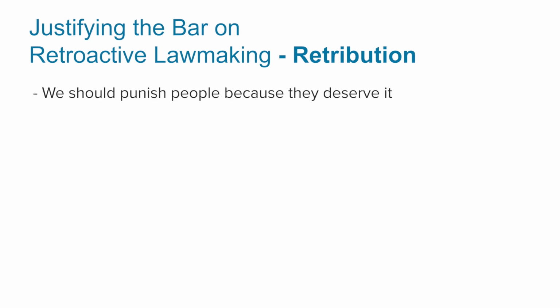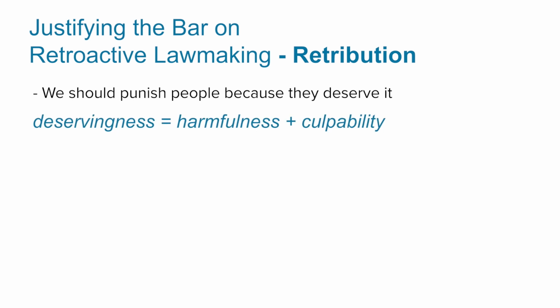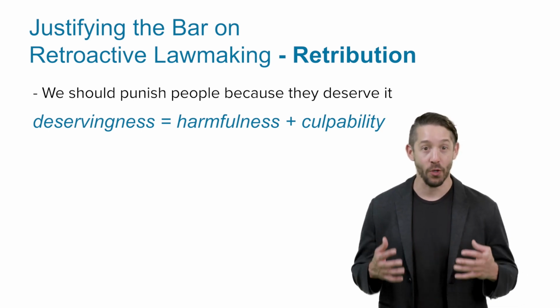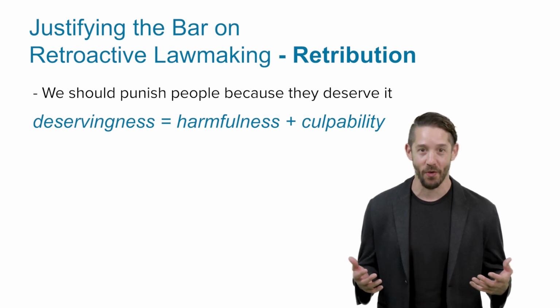So what might the principles of punishment have to say about retroactive lawmaking? Let's start with retribution. Retribution says that we should punish people because they deserve it, and that deservingness is a product of two factors: harmfulness, or the bad act, and culpability, which is the guilty mind behind that act. So from a retributive perspective, the fact that a harmful act isn't criminalized doesn't make it any less harmful.